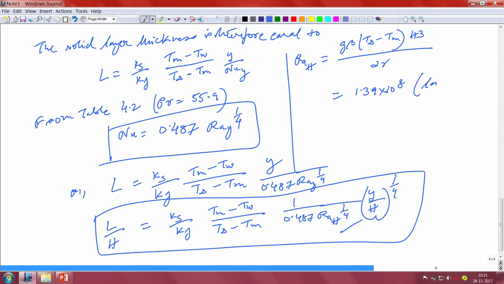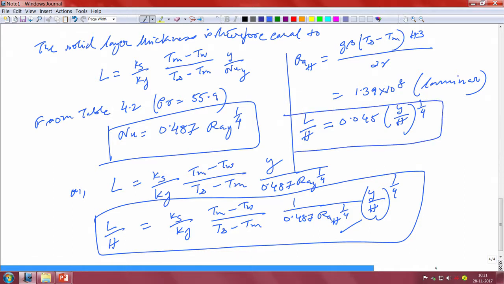This is still in the laminar regime. So, L by H translates to something like 0.045 times y by H raised to the power of 1/4.